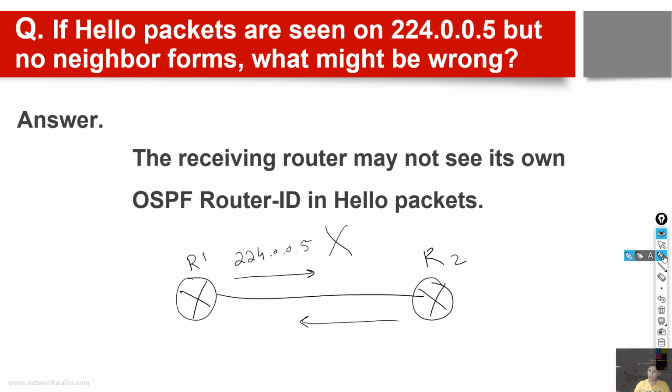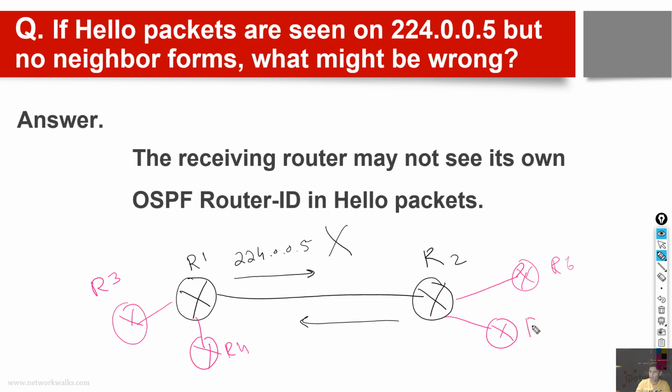Whenever we turn on the OSPF process, what happens actually? Let's say this is router 1, it has router 3 here, router 4 here, and here also it has R6, let's say R7. As soon as we configure OSPF on router 1 and router 2 and 3, 4, they are also working, 5, 6, 7.